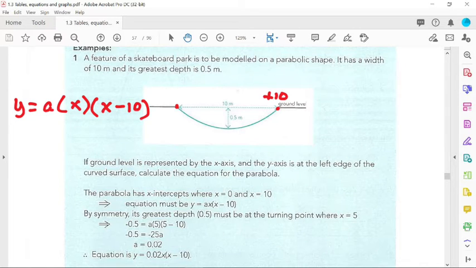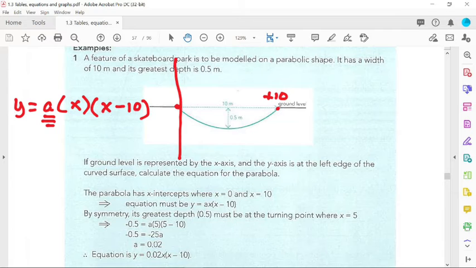We need another point in order to find our a. Look how wide that thing is. So we need another point to find our a, and we can't use the y-intercept. Why? Because it's the same as one of our x-intercepts. It'll just give us right back where we started.